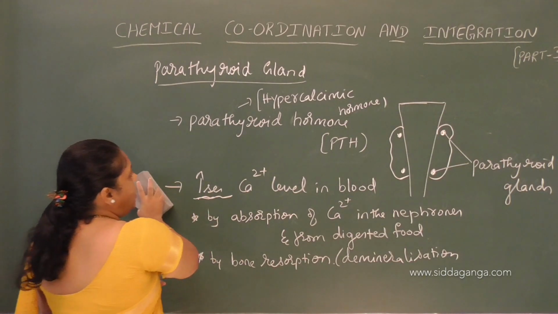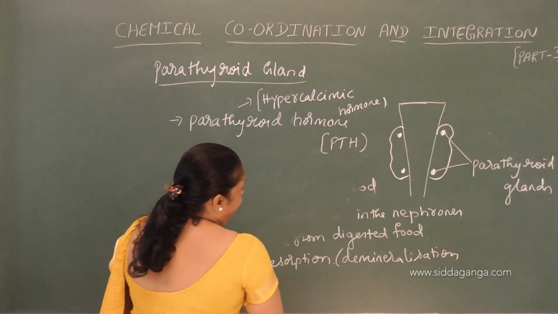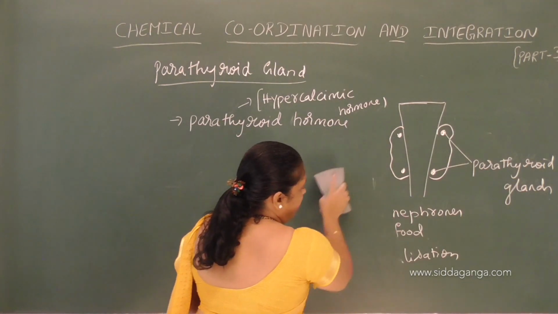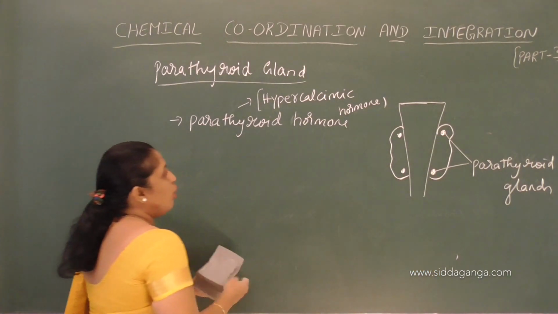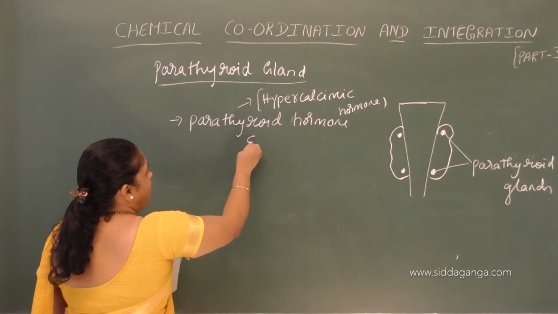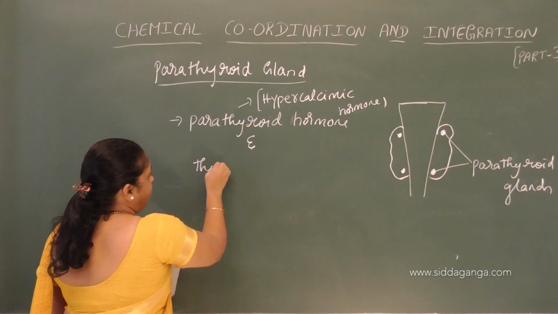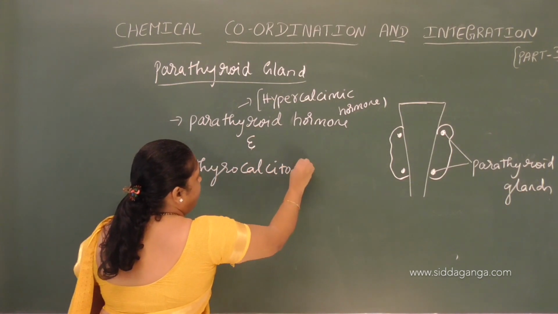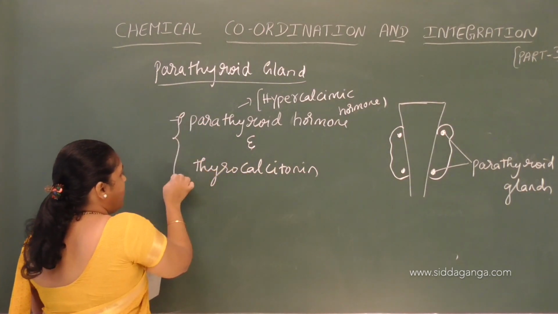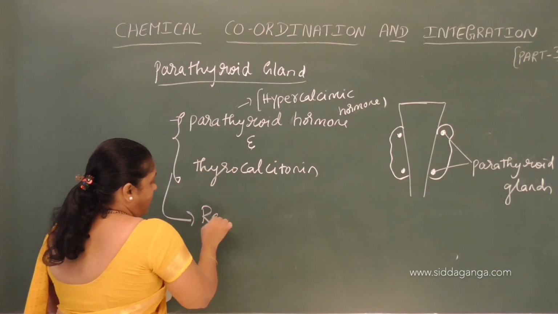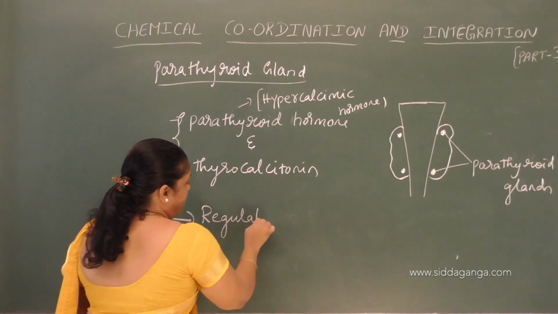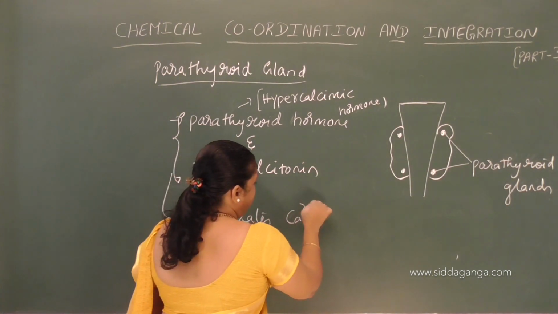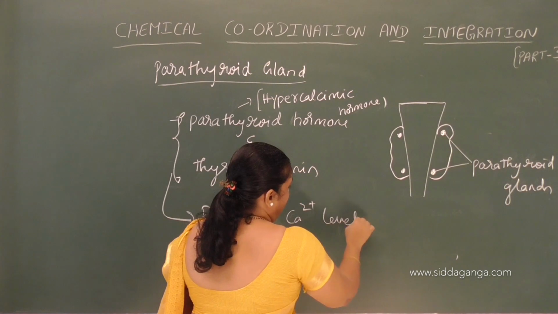This PTH, that is parathyroid hormone, and thyrocalcitonin hormone, both regulate calcium level in blood.